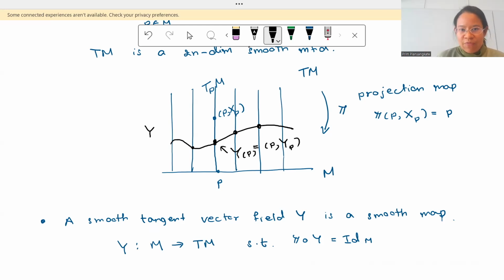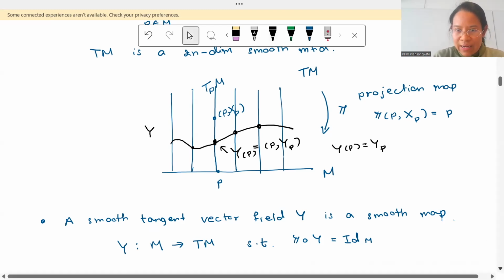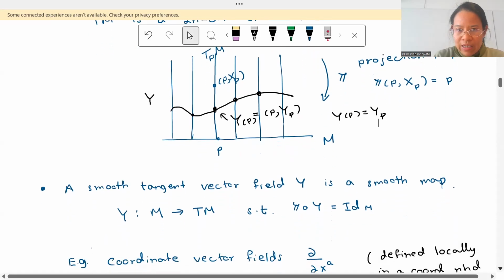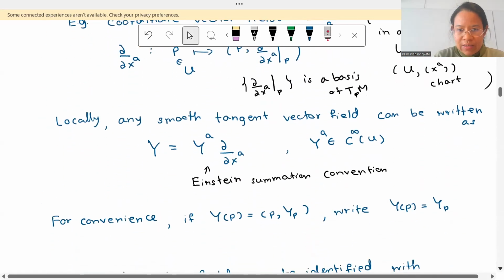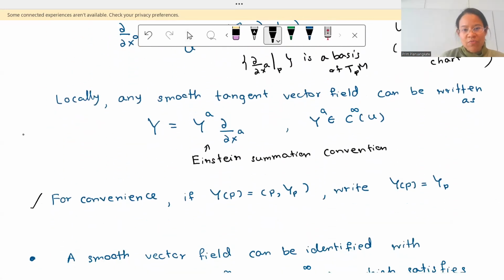But for convenience, often we would just write Y_p like this, forgetting the first argument.